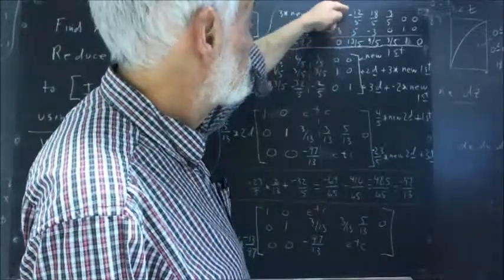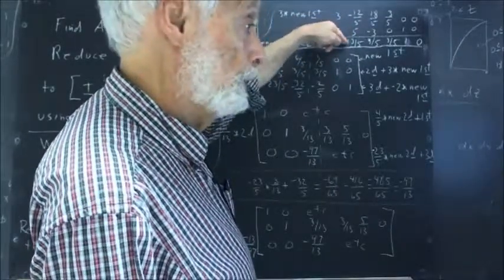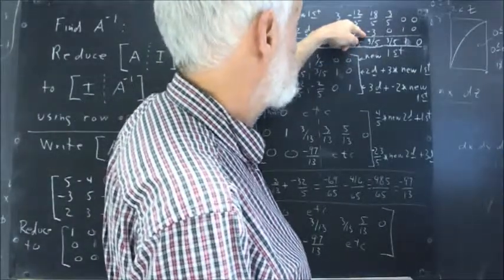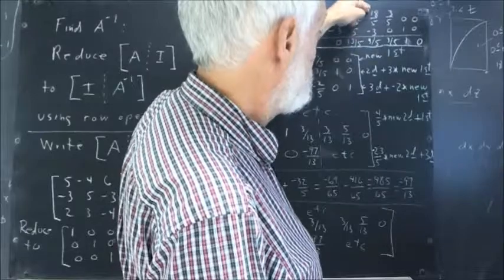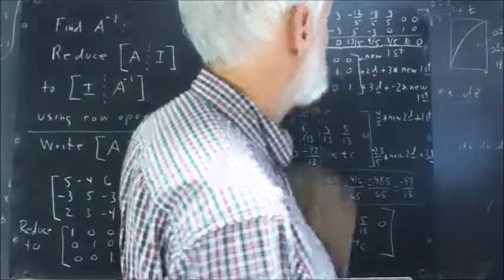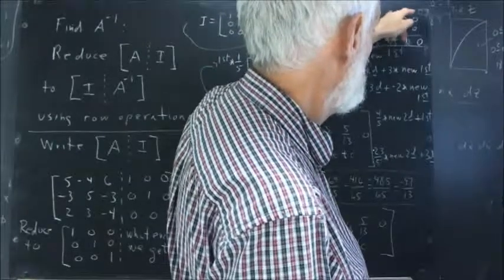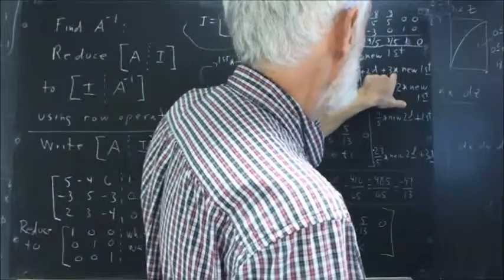Adding 25 fifths to negative 12 fifths gives us 13 fifths. Negative 3 is negative 15 fifths. Adding negative 15 fifths to 18 fifths, we get 3 fifths. Then adding 0 to 3 fifths, we get 3 fifths. Adding 0 to 1, we get 1. 0, 0 gives us 0. So right here is the resulting row: second row plus 3 times the new first row.